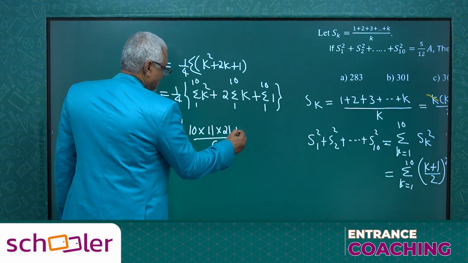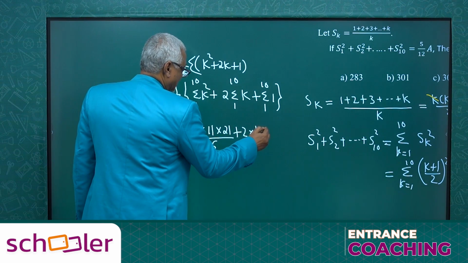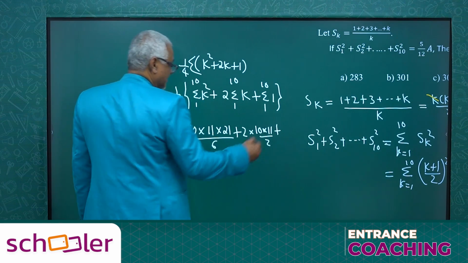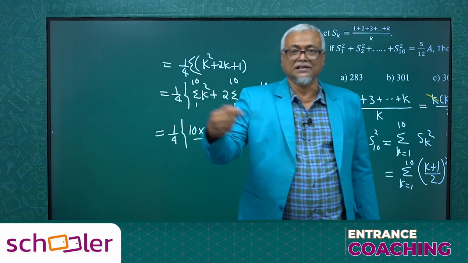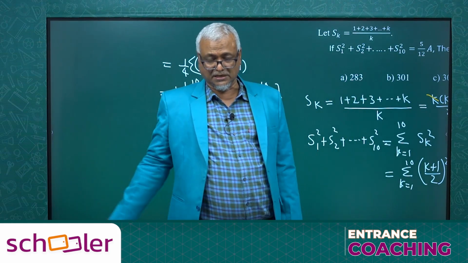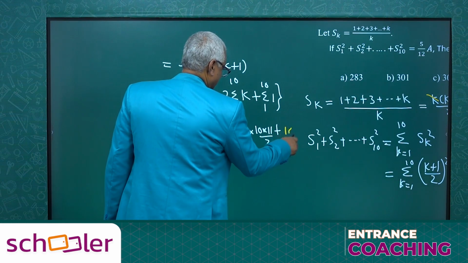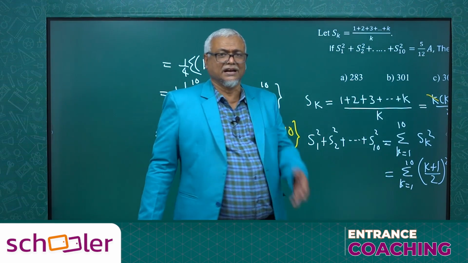Plus 2 times, this is n into n plus 1 by 2, plus, and you know that sigma 1 to 10 of 1, what it means? 1 plus 1 plus 1 plus etc. 10 times, you will get 10.